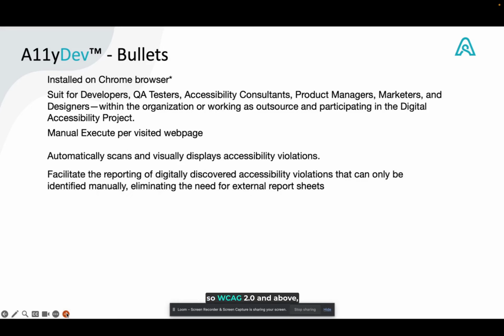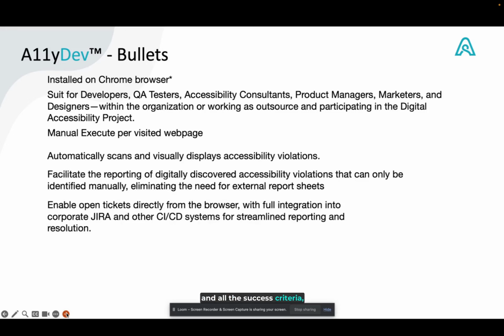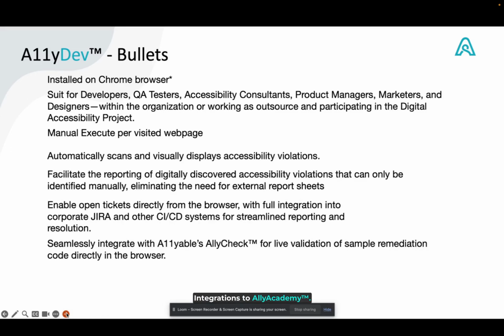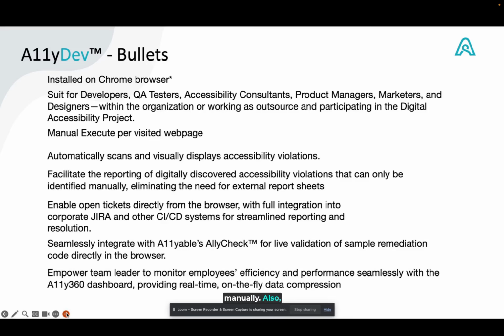So WCAG 2.0 and above, and all the success criteria, severity, solving suggestions, and of course integrations to Ally Academy. It empowers team members to report digital accessibility violations that are found manually. Also, as I described previously, it's fully integrated with AllyCheck for live code validations.